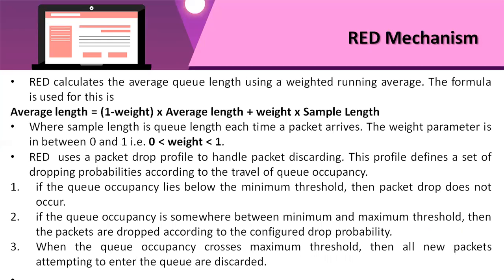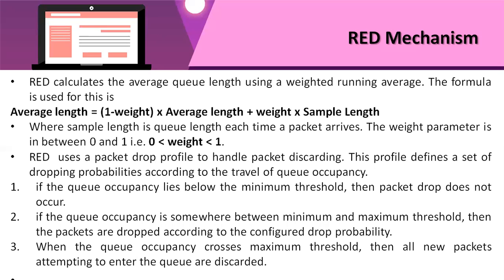The mechanism used in RED to find the average length of the queue is a formula based on the weighted running average.